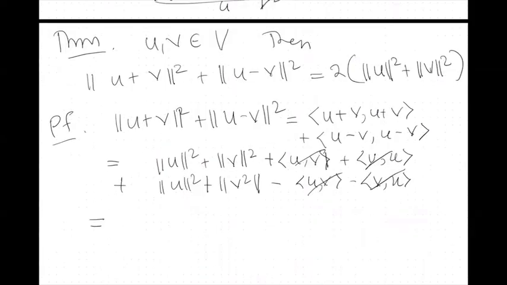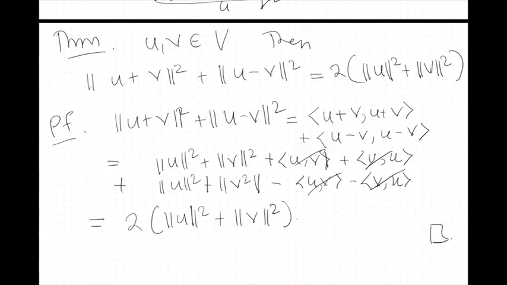So what you get is just twice the quantity u squared plus v squared, and this is the proof that we want. So I think we have a quite theoretical approach here in inner product space.